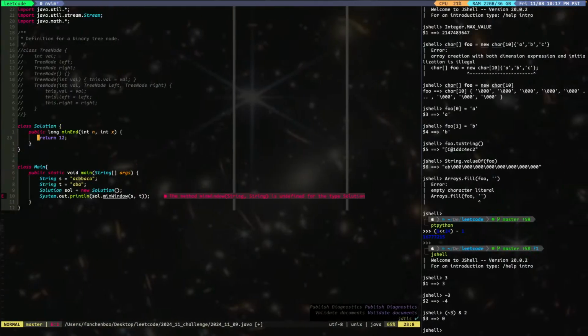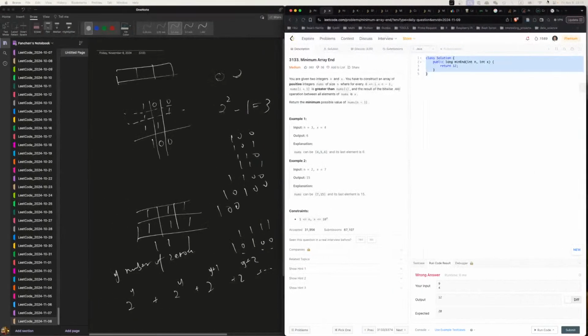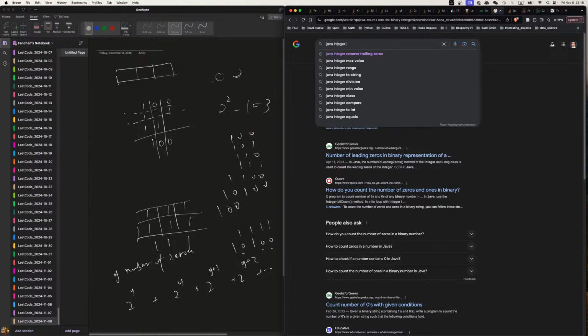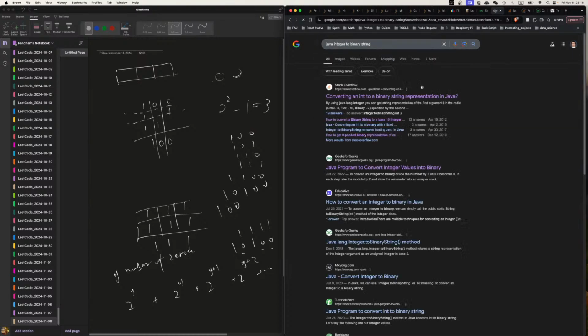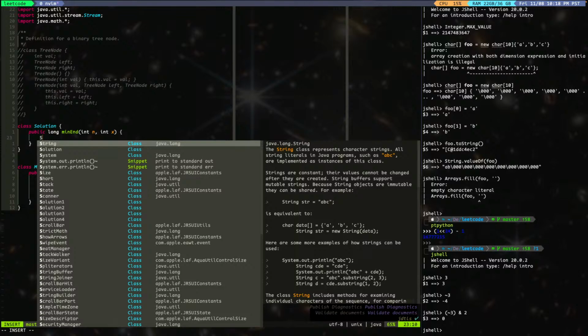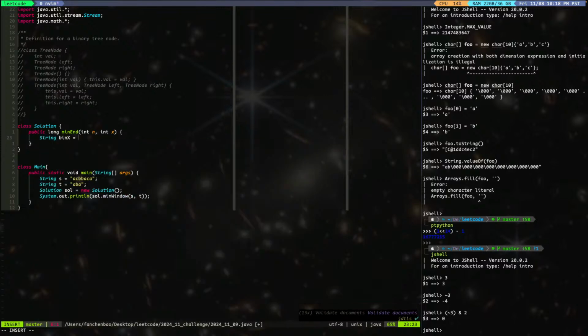All right, so the idea is x, right? We need to know x. We need to know the number of bit counting x. So we turn, I forgot, how do we turn that? Binary string. And there is a function, Integer.toBinaryString, right? So we say String s being Integer.toBinaryString(x).